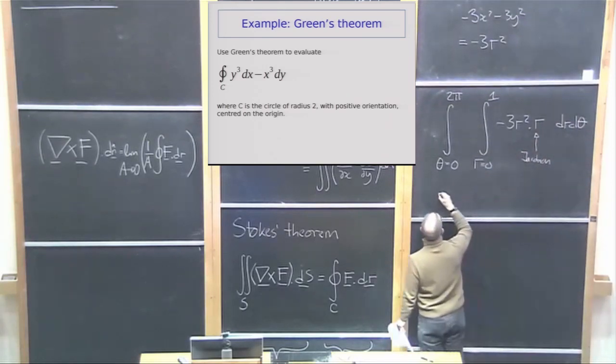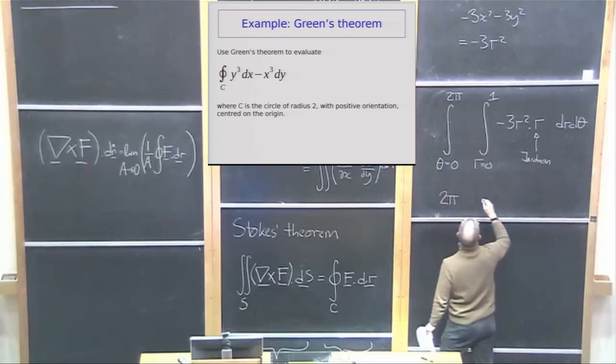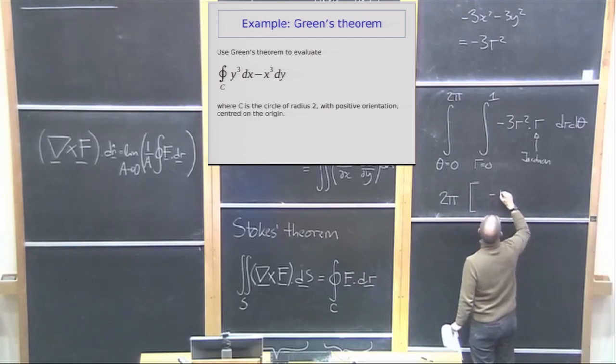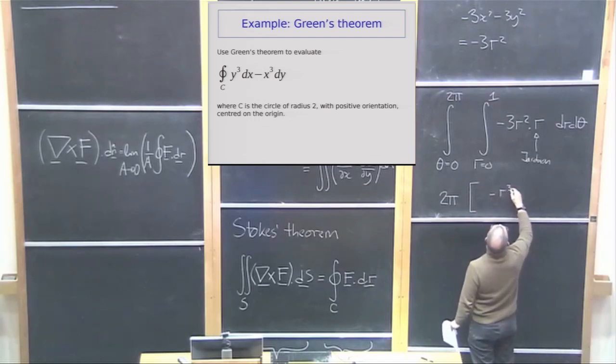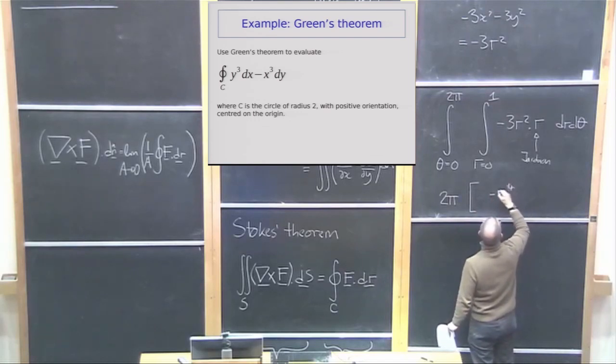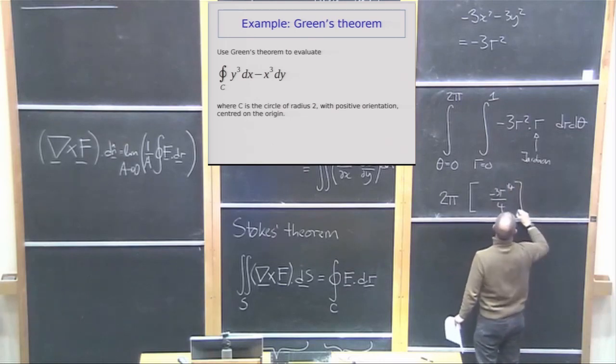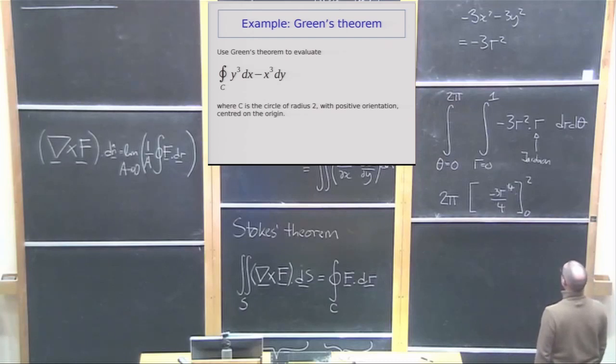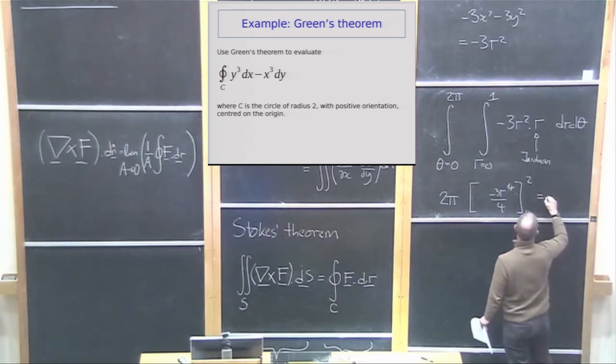And the theta term, as ever, just turns out to be a 2 pi in front, and then this term turns out to be minus, between 0 and 2, r to the 4 is 16, 4, 12, minus 24 pi.